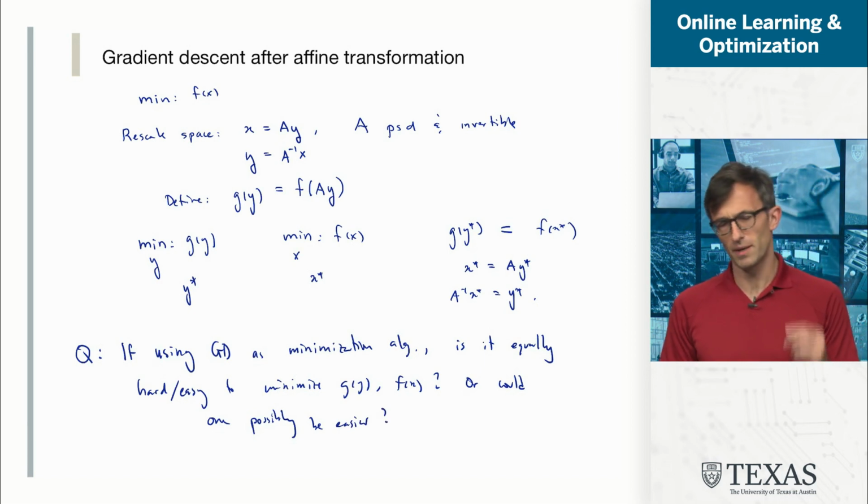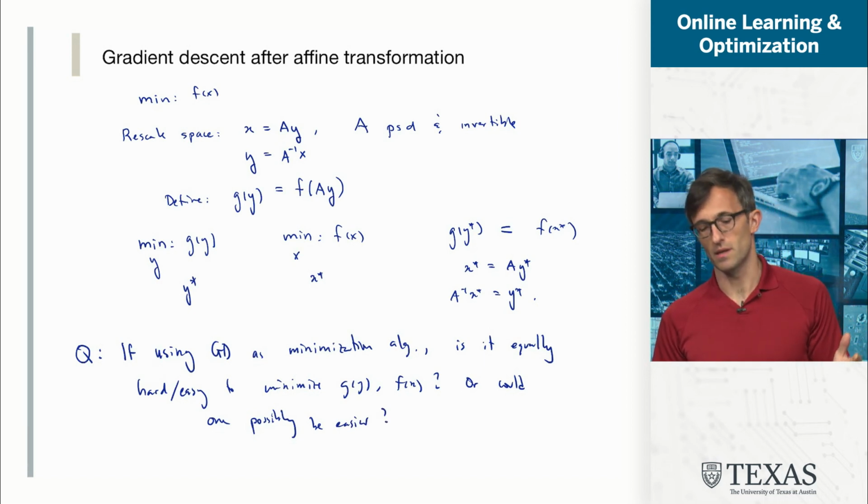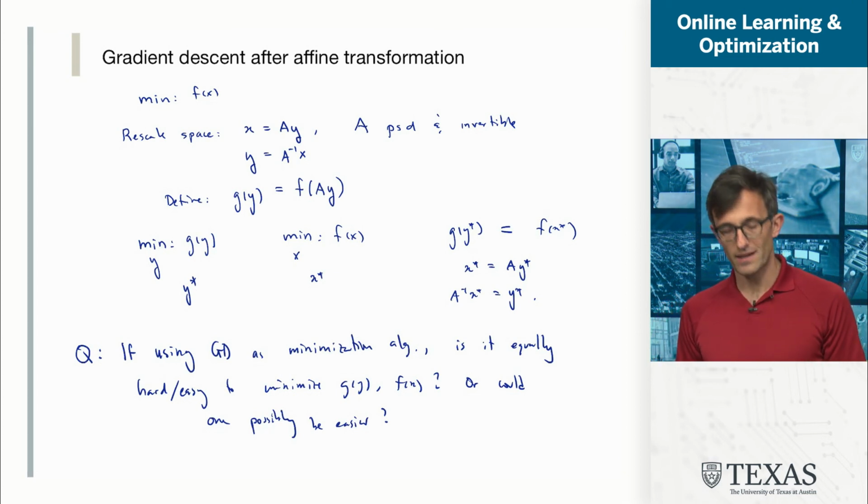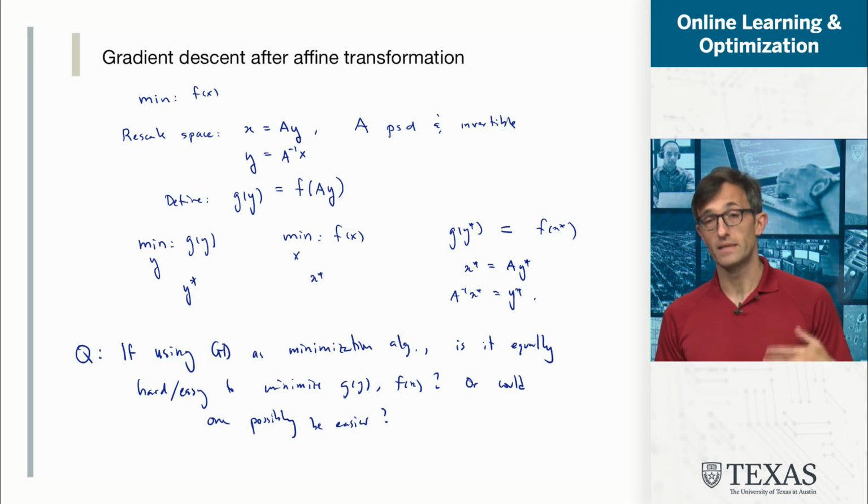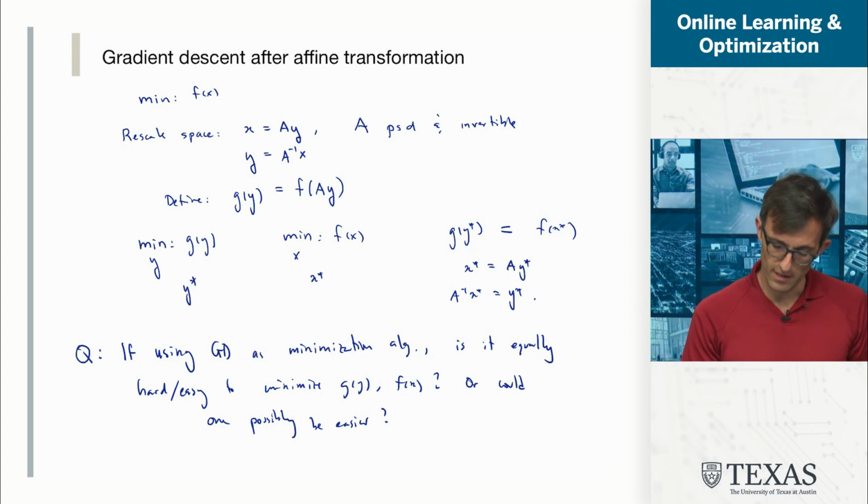And again, easier, because we're talking about gradient descent, means a very specific thing. It means fewer iterations. Specifically, if I run 10 iterations of gradient descent on g, is that going to be better or worse in terms of how close to minimal I get compared to running 10 iterations of gradient descent for f of x? And note that because g and f are both smooth here, I should just write that: f of x is beta smooth and alpha strongly convex.